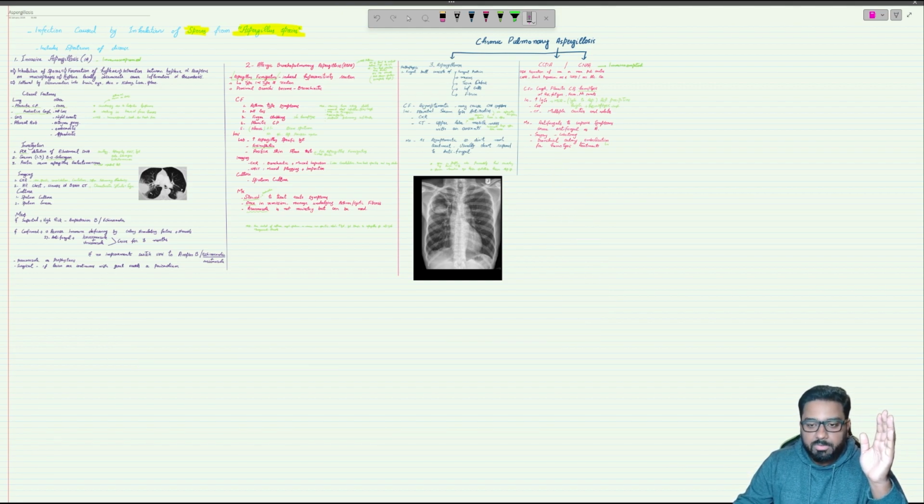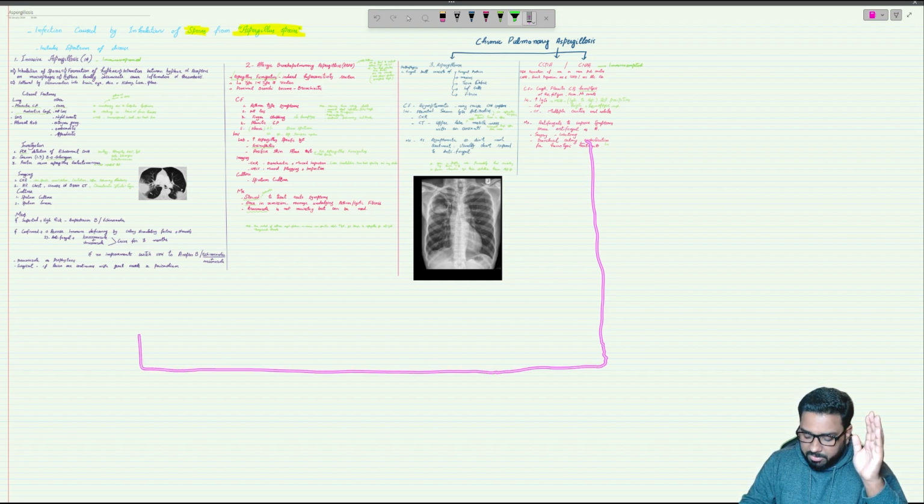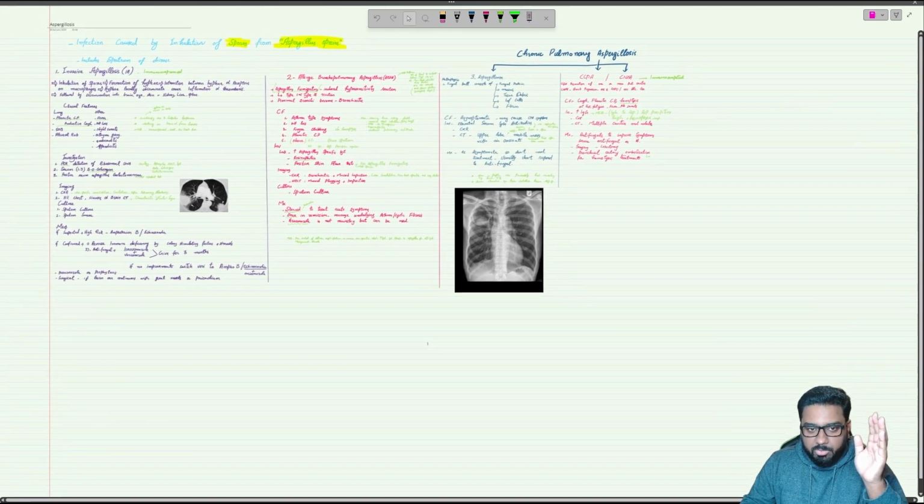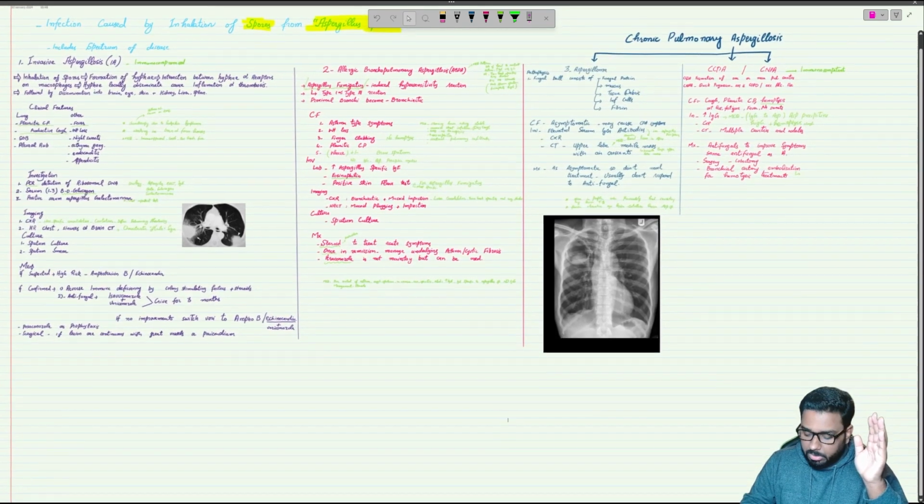So if I just compare invasive and this chronic side by side, someone working as a farmer, chest pain, fever, and maybe weight loss. Same here, working as a farmer, chest pain, fever. The only difference, someone here will be immunocompromised. Here, someone will be immunocompetent.